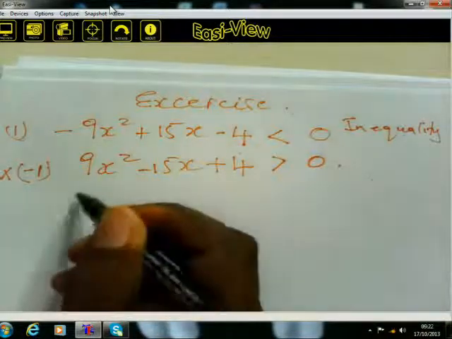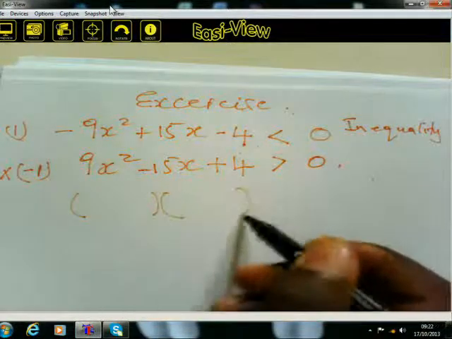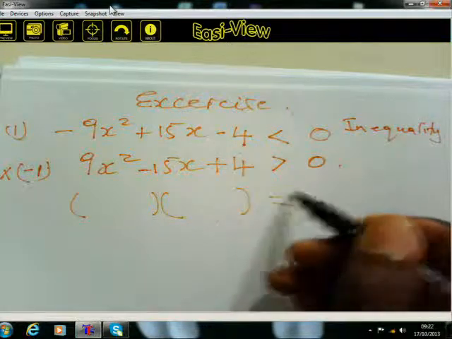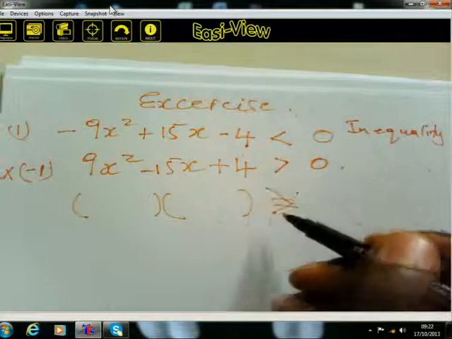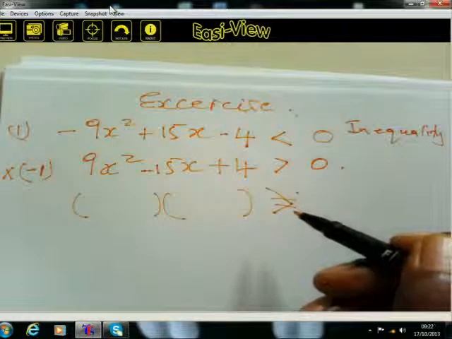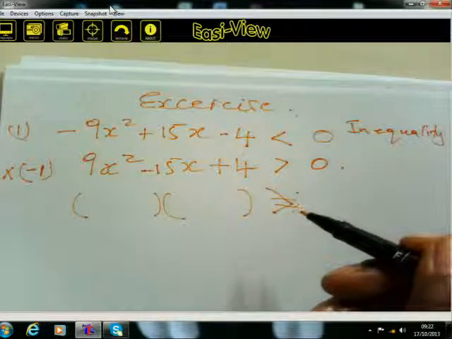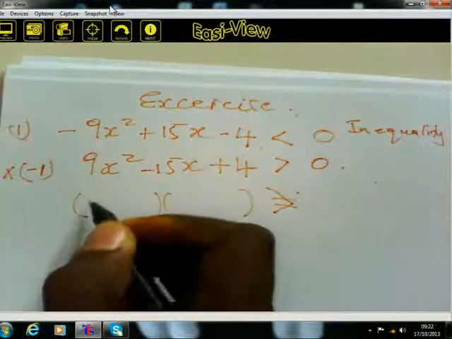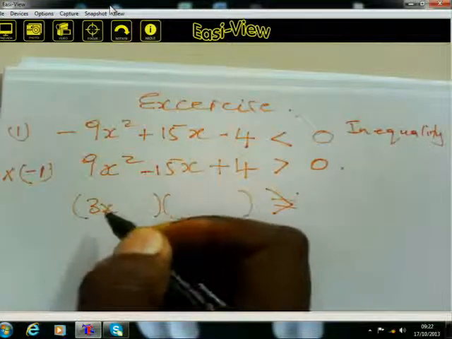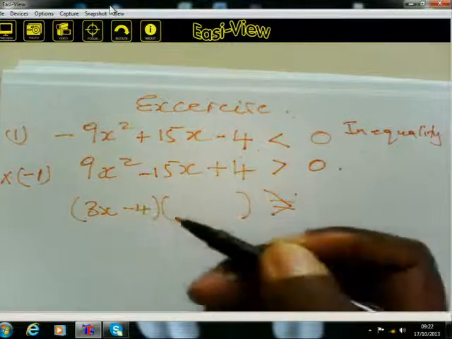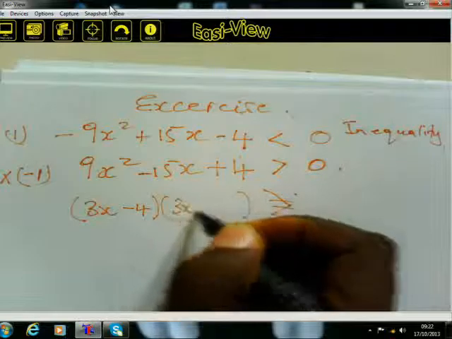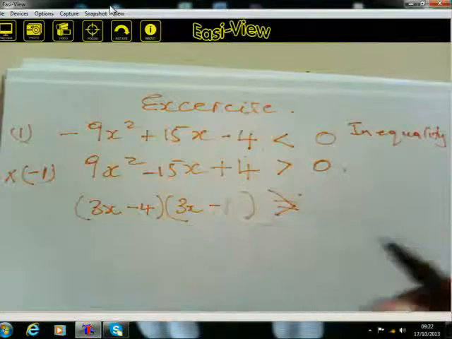Now, the factors, when we factorize this quadratic inequality, are going to be 3x minus 4 and 3x minus 1.